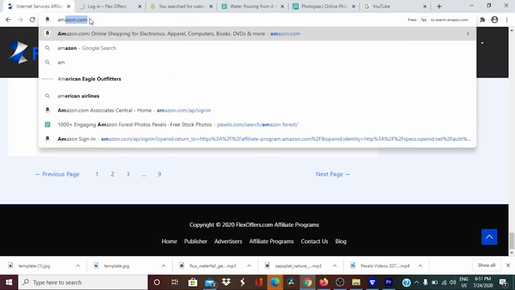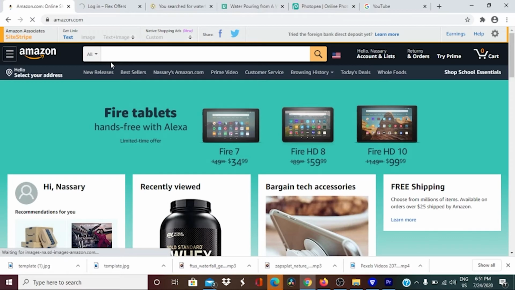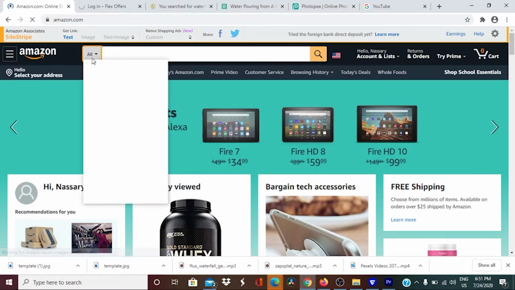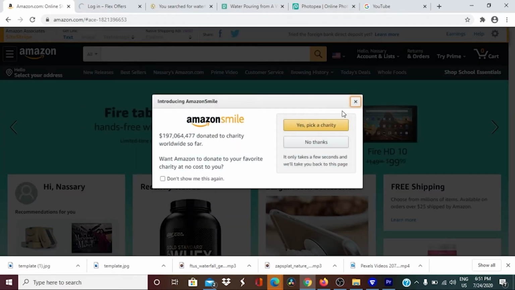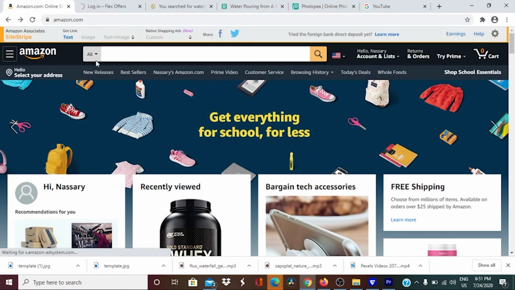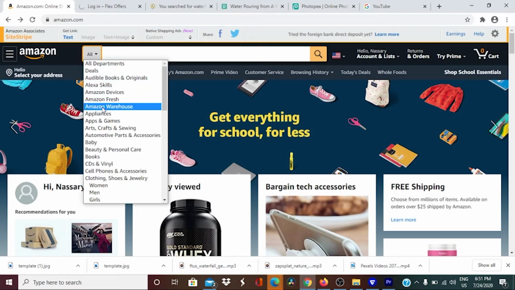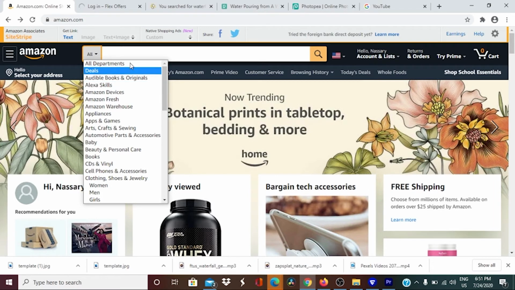All right, so you go to Amazon.com, and usually you can choose the department here, any department, or you can type in the product that you want.